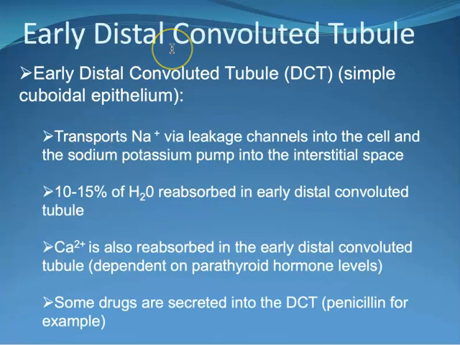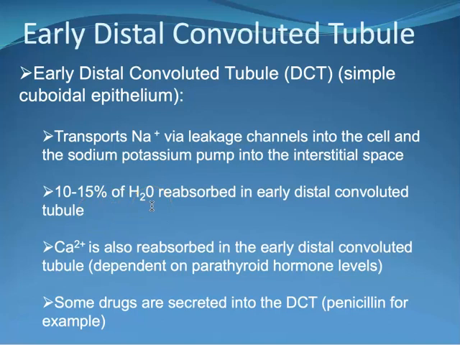As we move into the early distal convoluted tubule, we'll also have the transport of sodium back into the cell, which means that we then lose potassium. We have continued water reabsorption. So again, if we had about 65% in the proximal convoluted tubule, and a little bit more in the loop of Henle, we have another about 10 to 15% here in the early distal convoluted tubule.